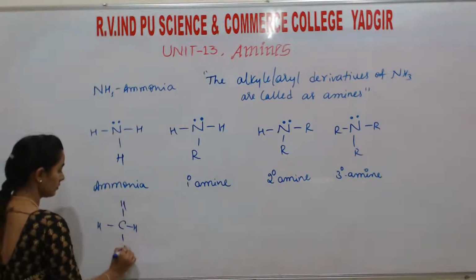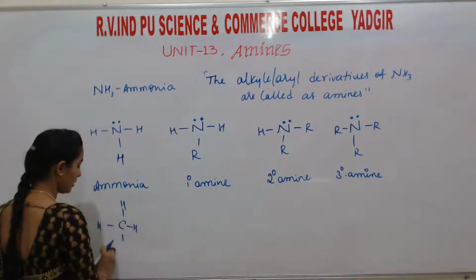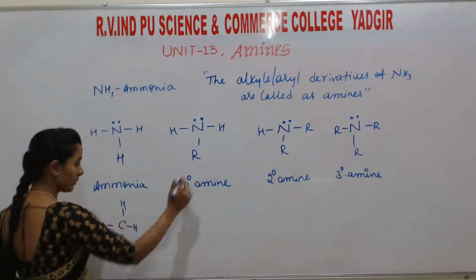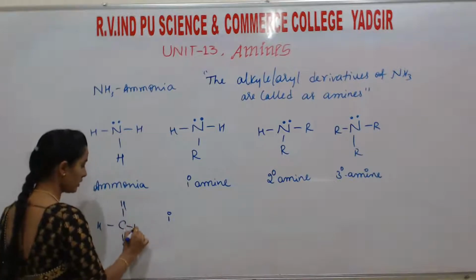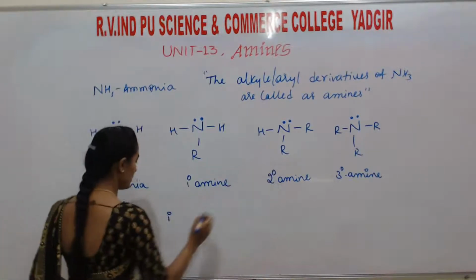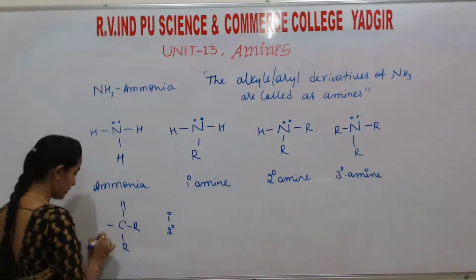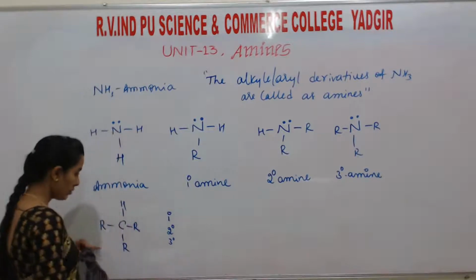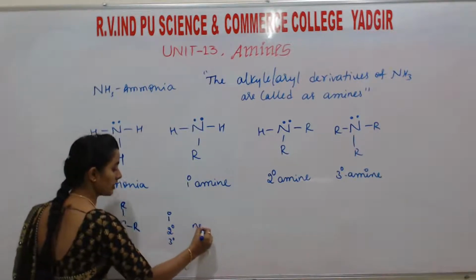If one hydrogen is replaced by R like this, then this is primary. If 2 hydrogens are replaced by R, then this is secondary. If 3 are replaced by R, then it is tertiary. If another hydrogen is replaced by R, then it is called neo.